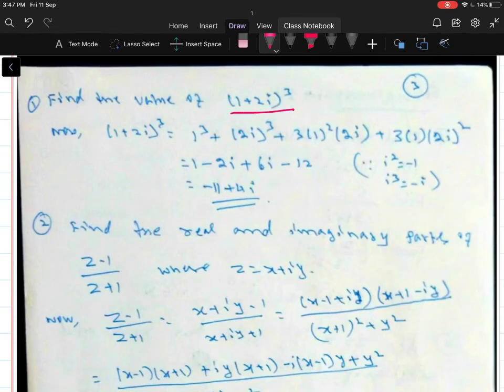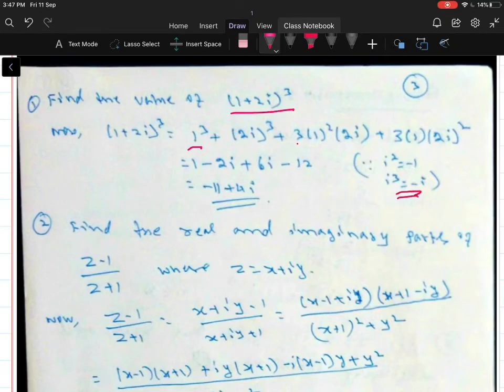Let us move to the problem. Find the value of (1 + 2i) whole cube. Now (1 + 2i) whole cube can be written using the (a + b) whole cube formula: 1 cube plus (2i) whole cube plus 3 a square b, that is 3 into 1 into 2i, plus 3 a b square, that is 3 into 1 into (2i) whole square.